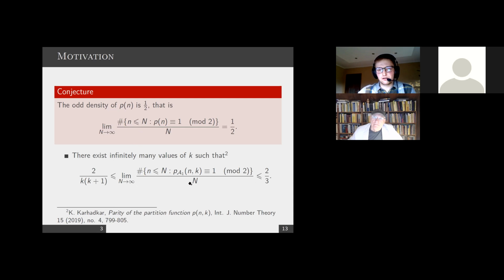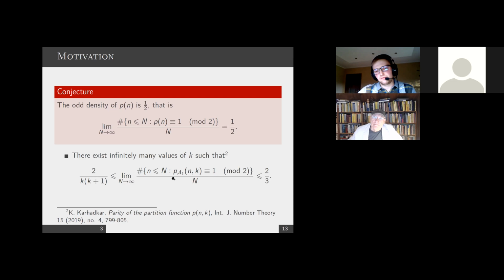This inequality holds for infinitely many values of k, but more precisely, the lower bound holds for all values of k. So I will try to generalize this result for all sequences of positive integers a.